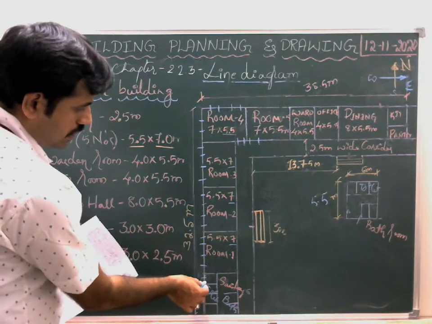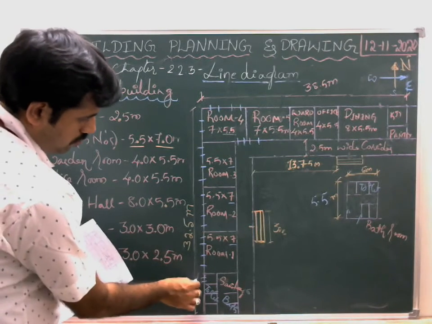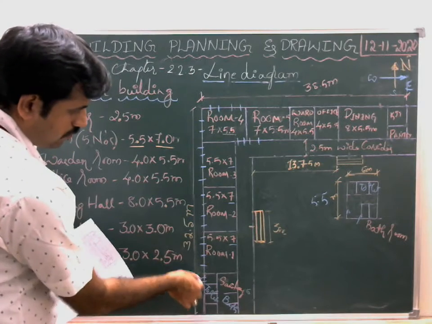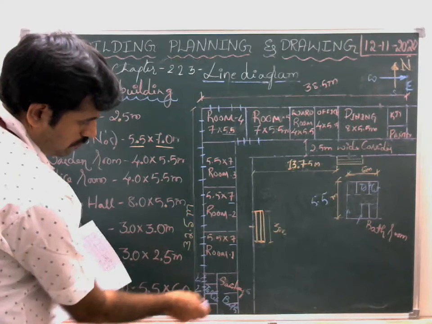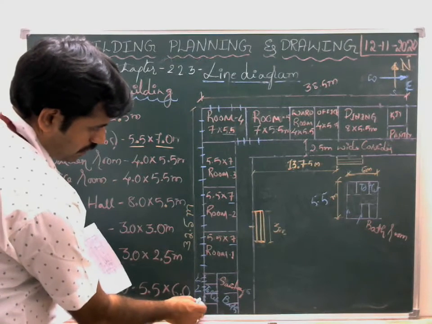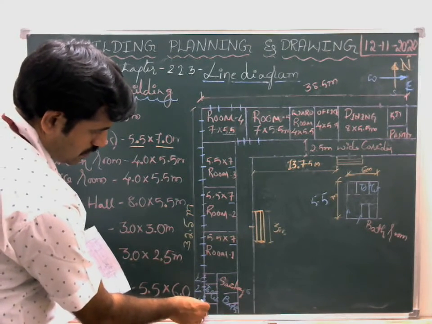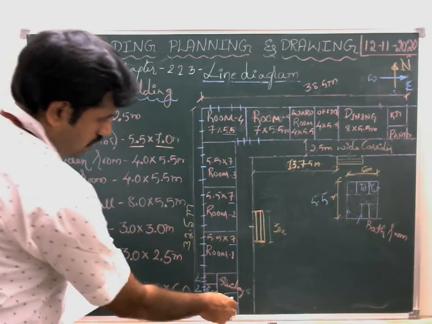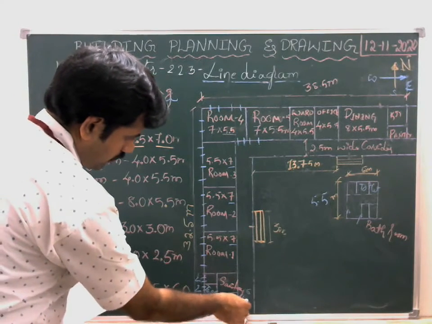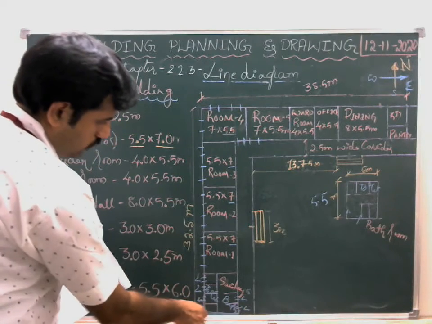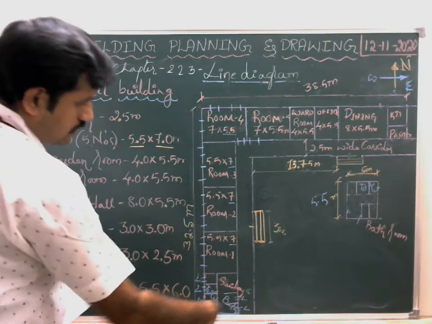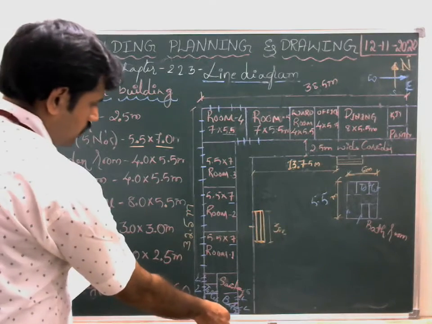And in toilets and bathrooms, we won't provide windows, we have to provide ventilators. I think you people know the basic difference between a ventilator and a window at this stage. Right, so this is a bathroom, so we are going to provide a ventilator here. And again, this will also open to open space, meaning these are also exposed to the open surface.